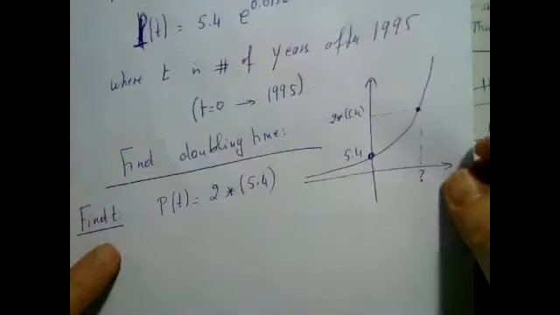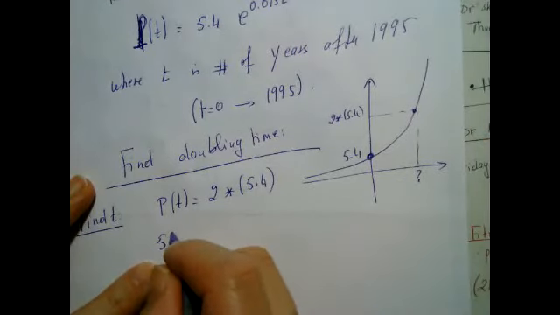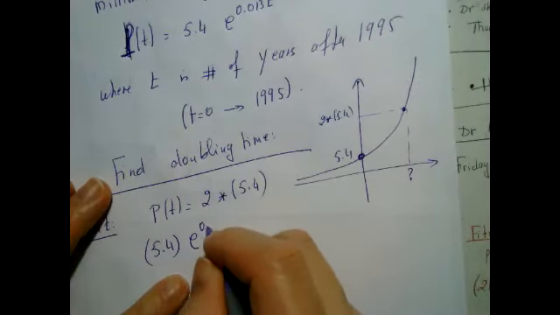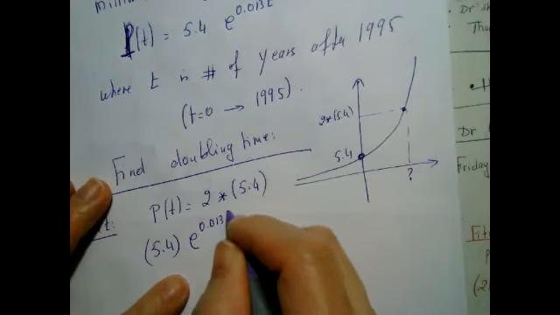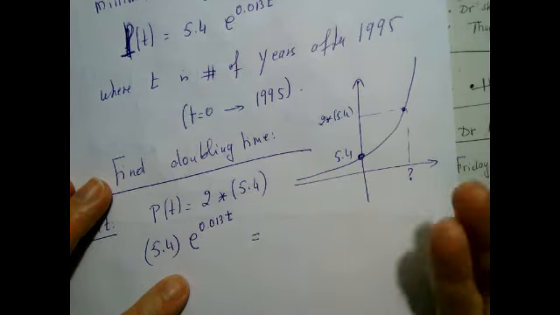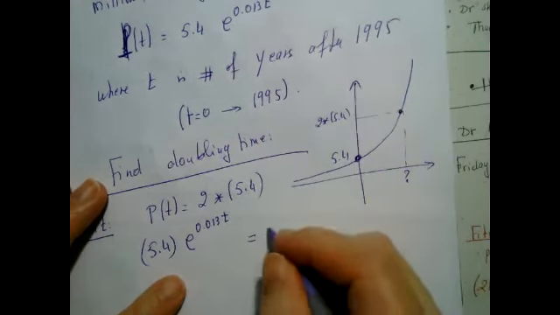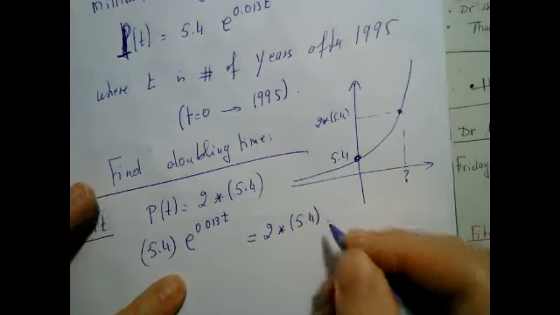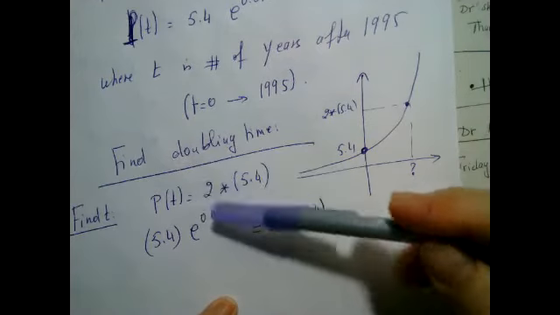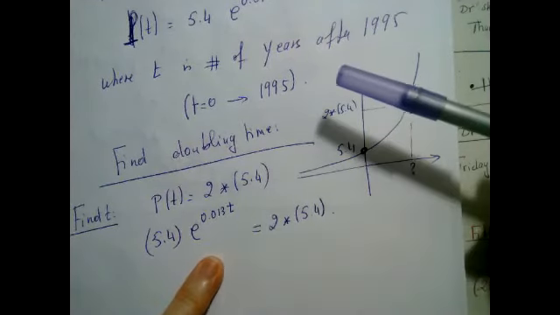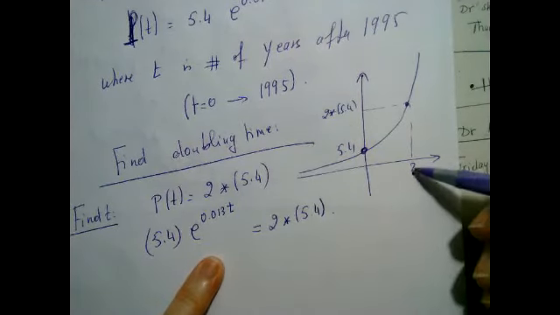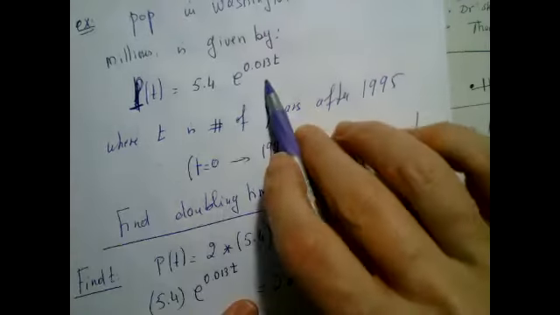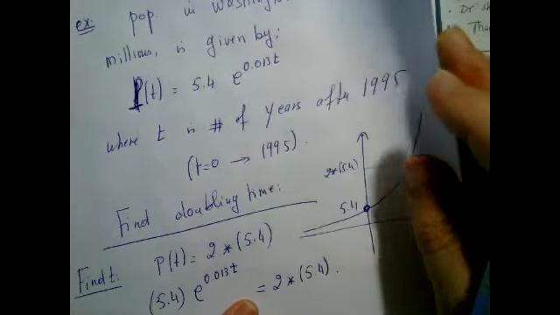So I need to set 5.4 times e to the 0.013t. I don't have to convert. I can use this formula now. Equal 2 times 5.4. I don't have to convert because in this problem, I'm just asking you to find the doubling time. So conversion is not really necessary. I can work with this formula.